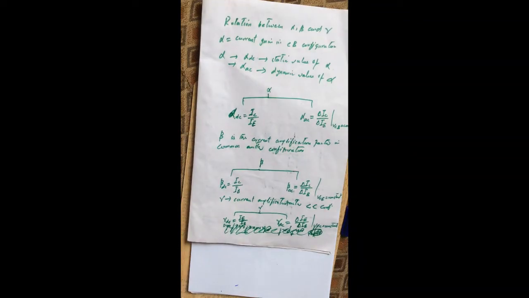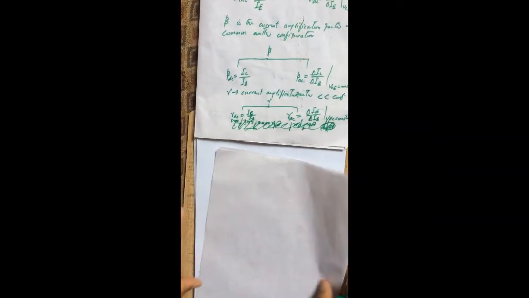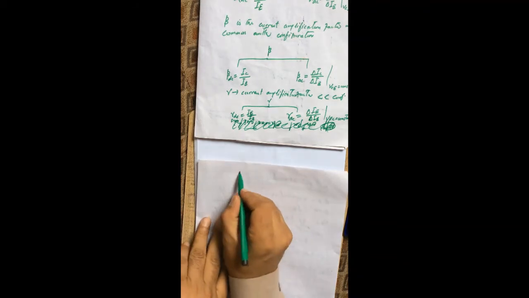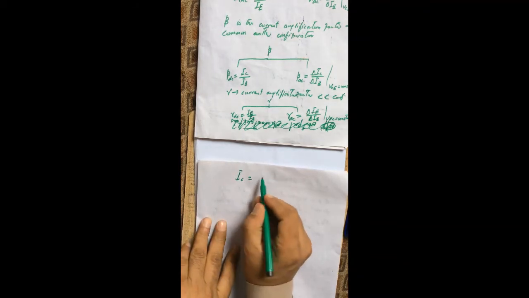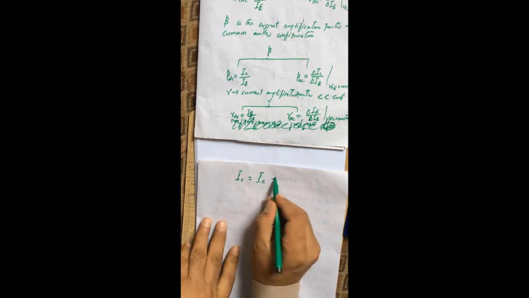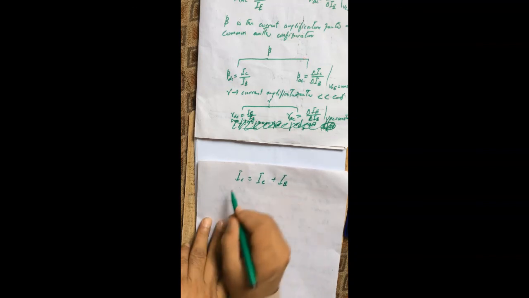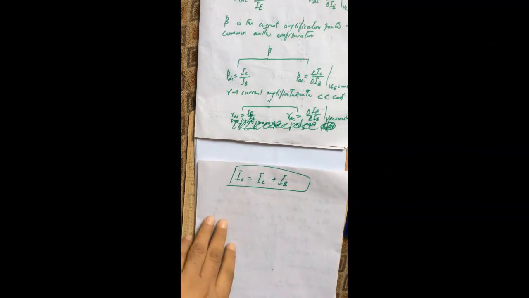Now we know that the emitter current is related to the base and collector current by this relation: emitter current IE is equal to collector current IC plus base current IB.